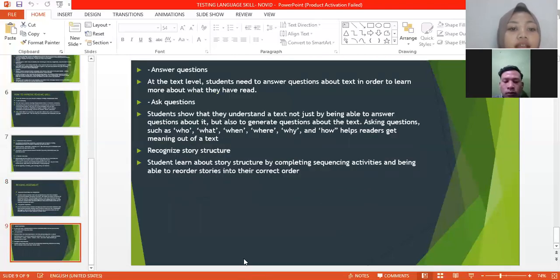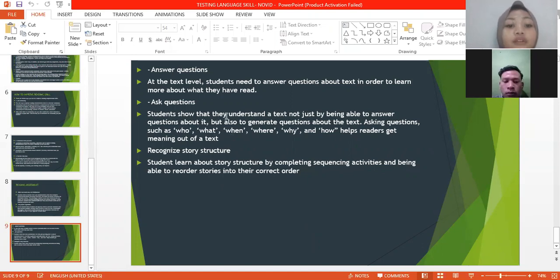And the next, answer questions. At the text level, students need to answer questions about text in order to learn more about what they have read. And ask questions.